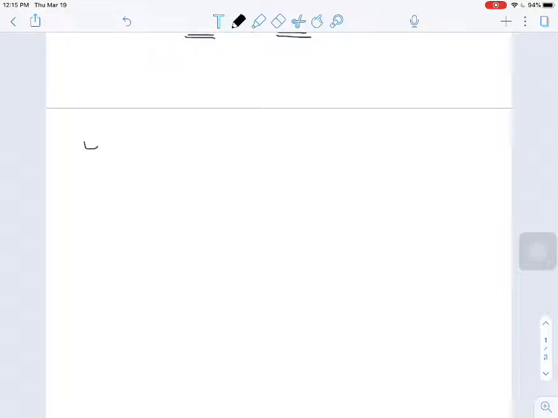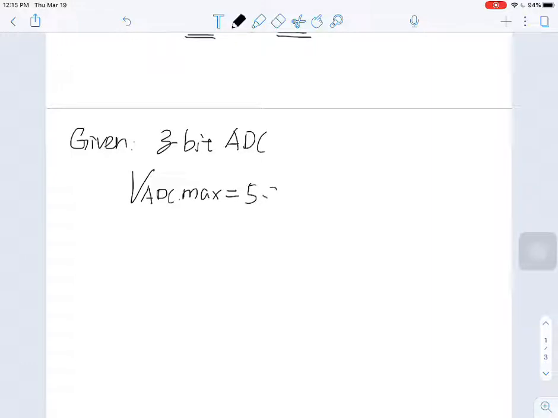So given here is a 3-bit ADC, and now we have VADC maximum equals 5.25 volt, and VADC minimum equals 0 volt.